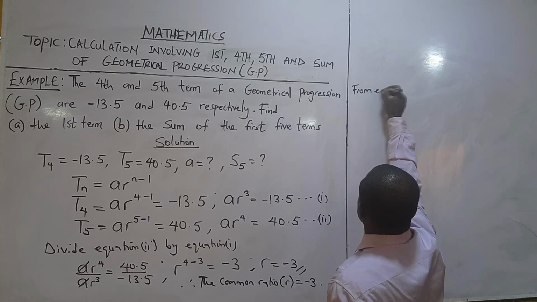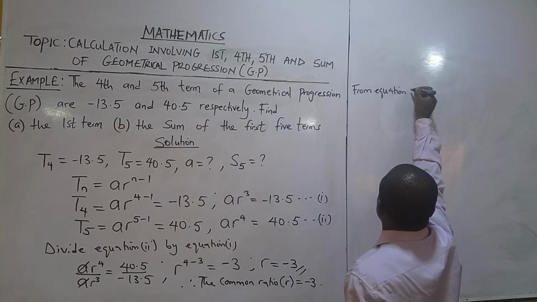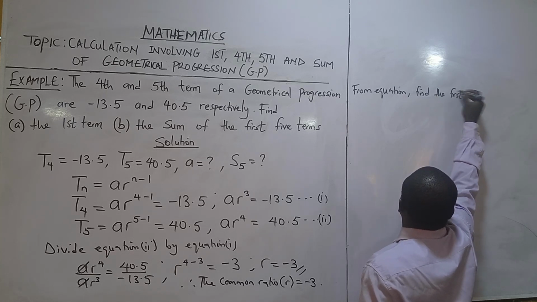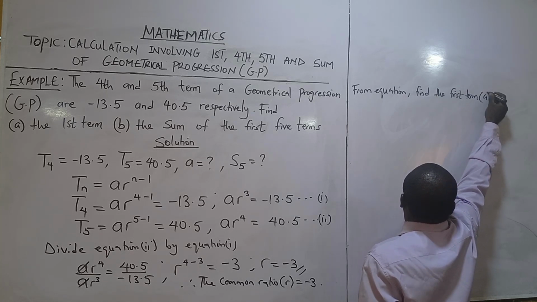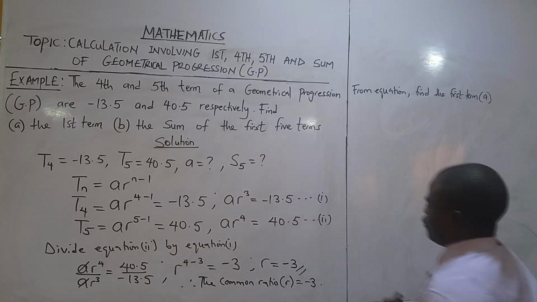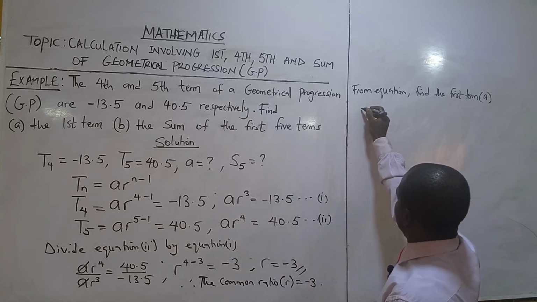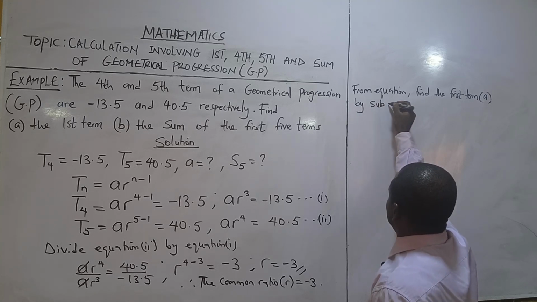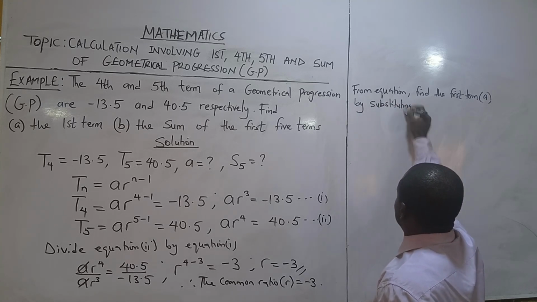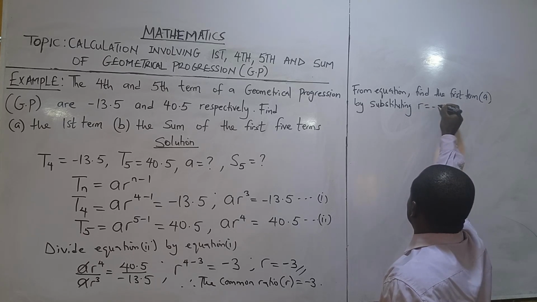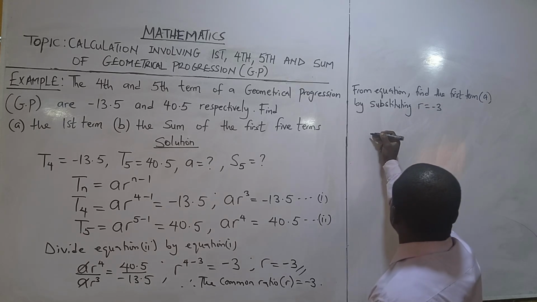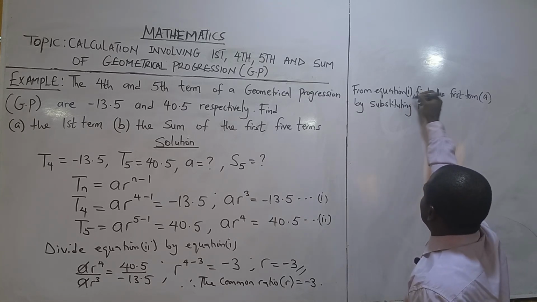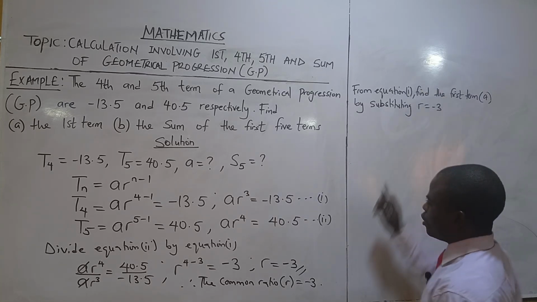From equation 1, find the first term a by substituting r equals minus 3.